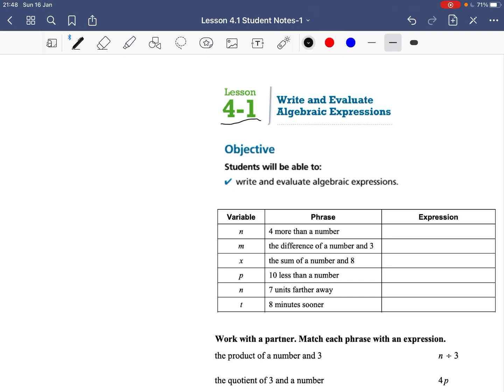So an expression, for example, would be like 2x plus 3, or maybe 5y.